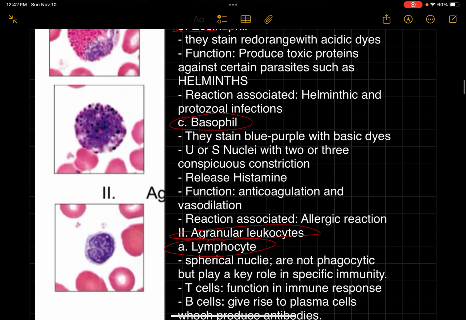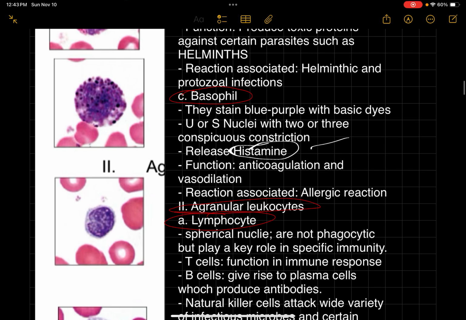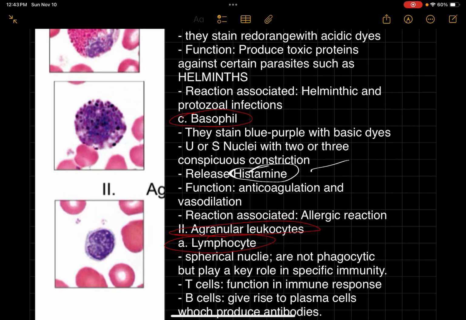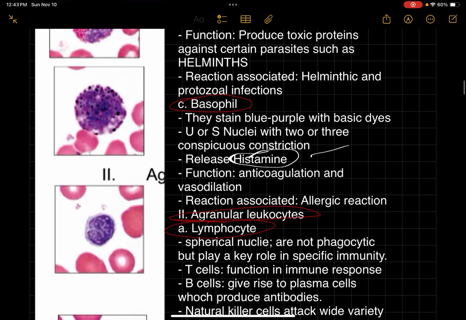They stain blue-purple with basic dye, U- and S-shaped nuclei with 2 or 3 conspicuous constrictions. They release histamine. What is histamine? Amo na ang our natural defense or natural reaction when we have an allergic reaction, no? And its function is anticoagulation and vasodilation.